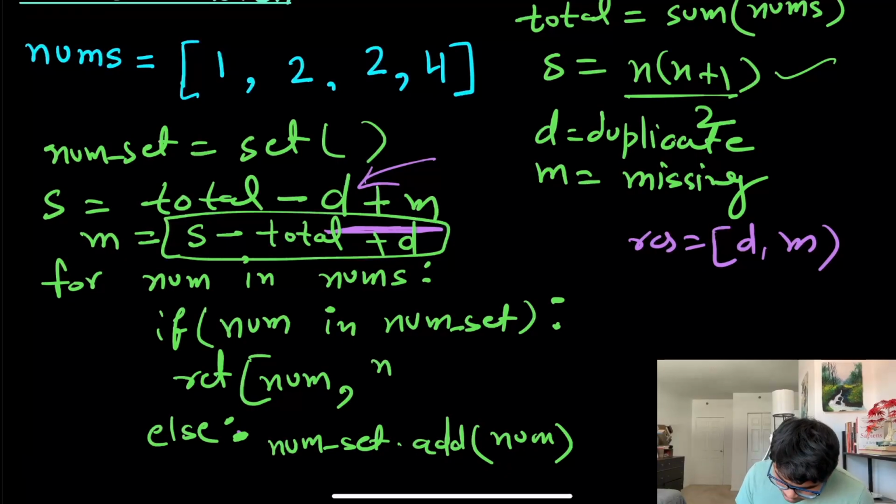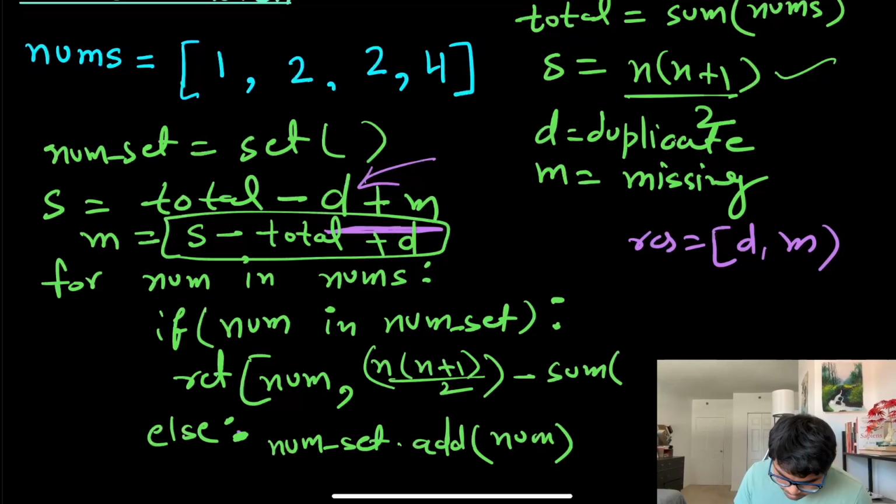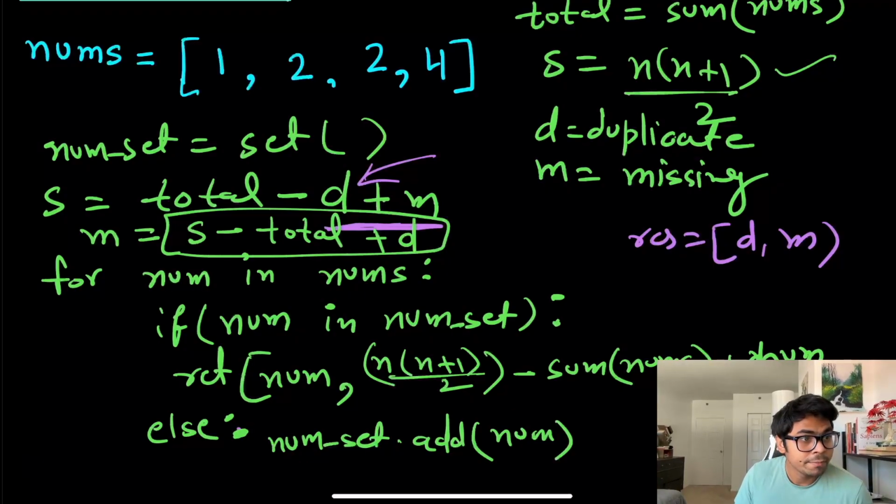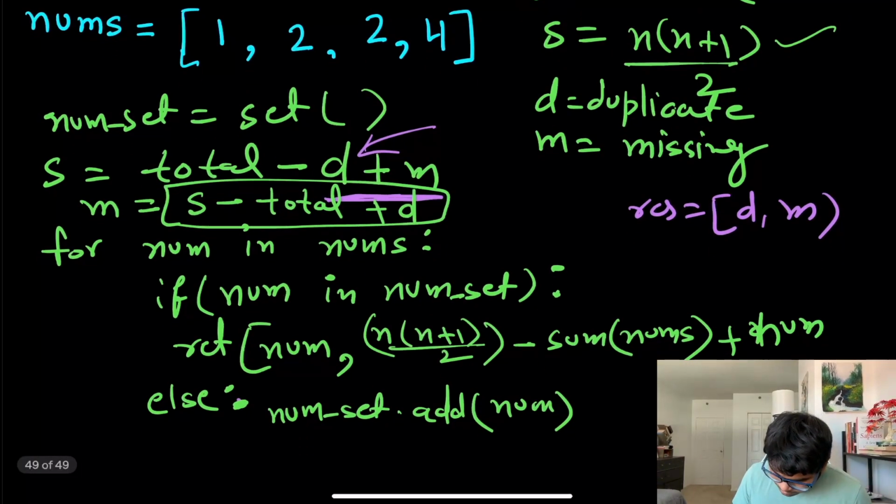S would be n into n plus 1, divided by 2, minus total, which is the sum of the nums, plus D. Okay, this duplicate is num. So this is what we will be returning.